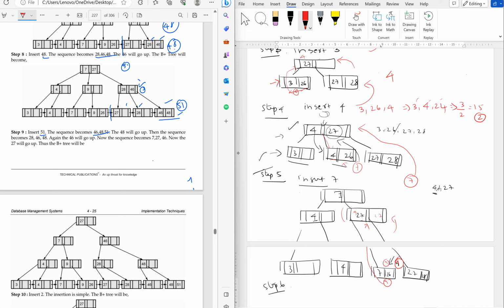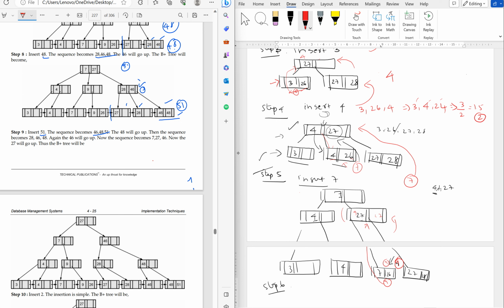The middle element is 48, it goes there, and then here also the same problem, three elements. So among the three elements, we are just taking the middle element, that is, 28, 46, and 48, and 46 comes as the middle element.